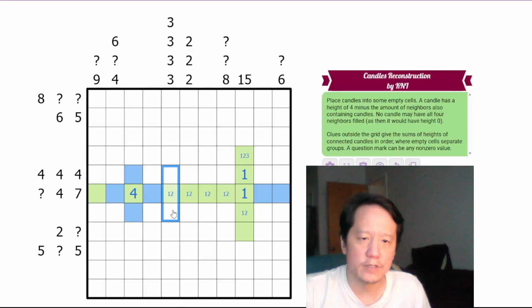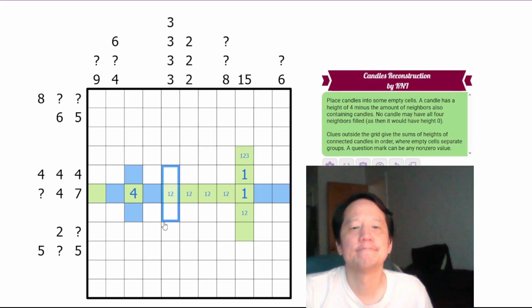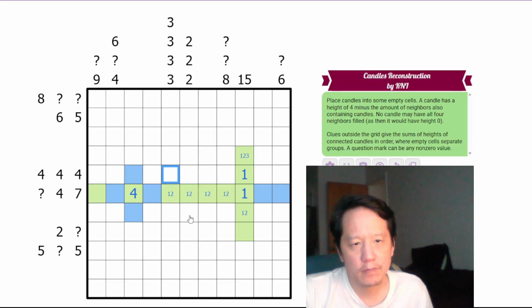Which means it must be a 1 or 2 in one of these two spots. How does that work? Can you have 1, 1, and 1? Maybe.